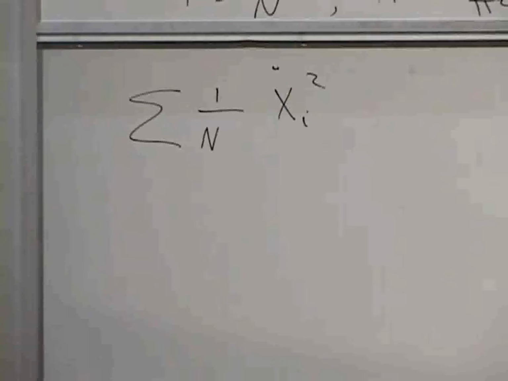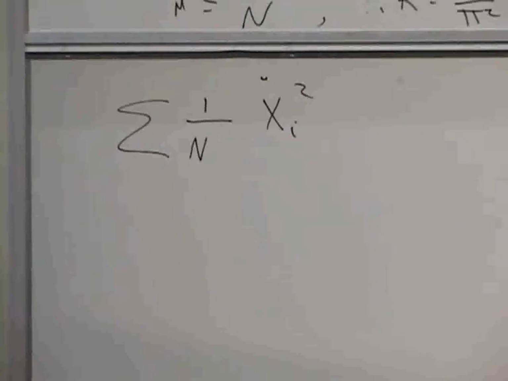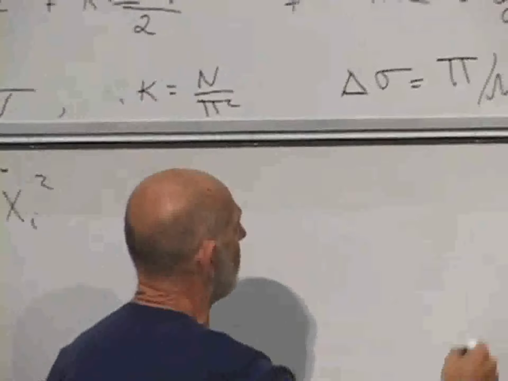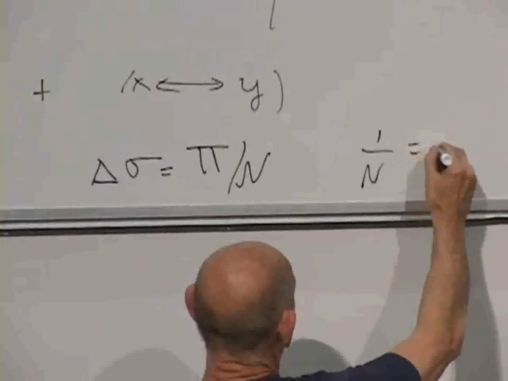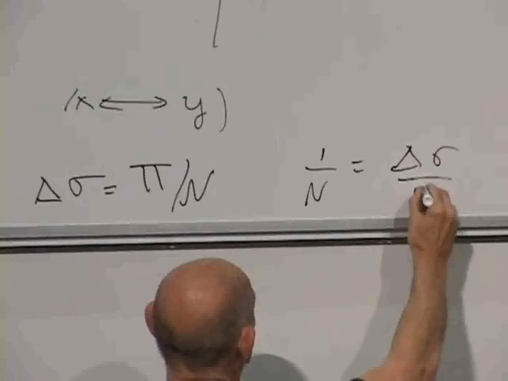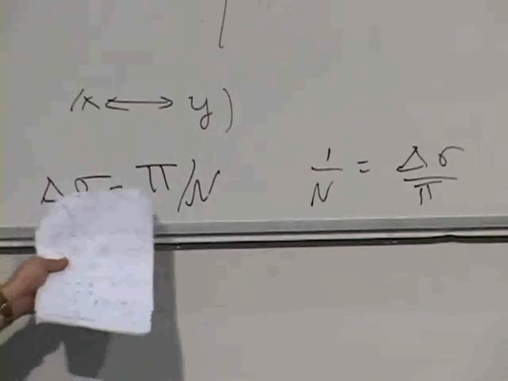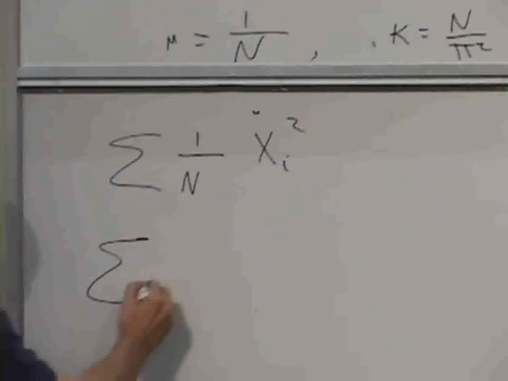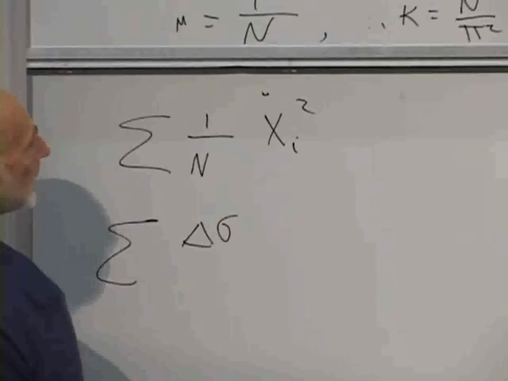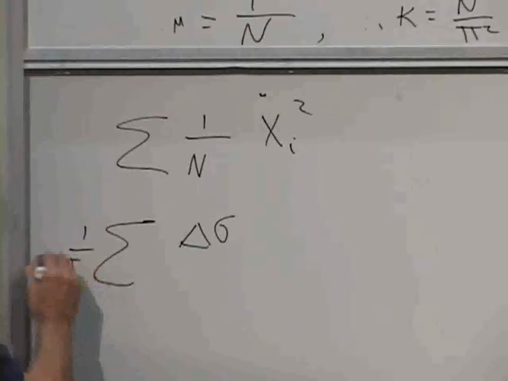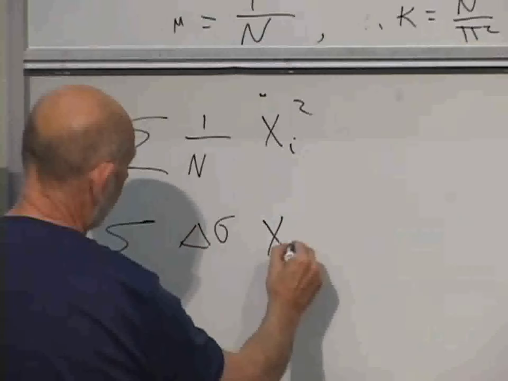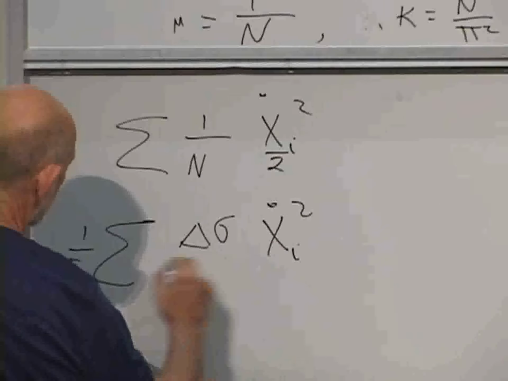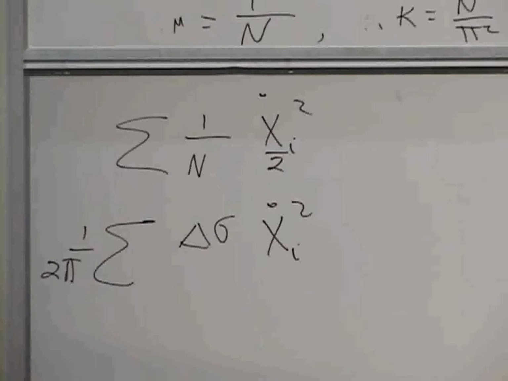I'm only going to do this for kinetic energy, and then I'll tell you what the answer is for the potential energy. Now 1 over n is delta sigma over pi. I've just divided by pi. So this is equal to the sum of delta sigma times 1 over pi times xi dot squared. In fact, I want xi dot squared over 2, so that gives me a 1 over 2 pi out here.